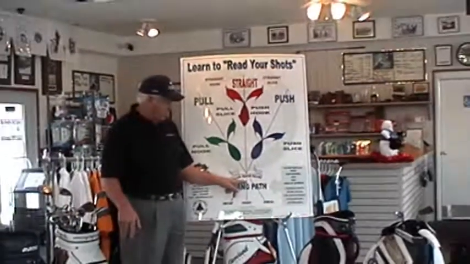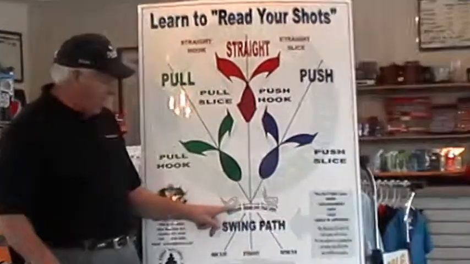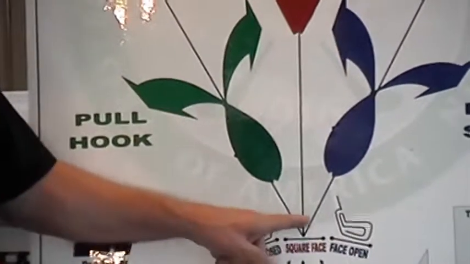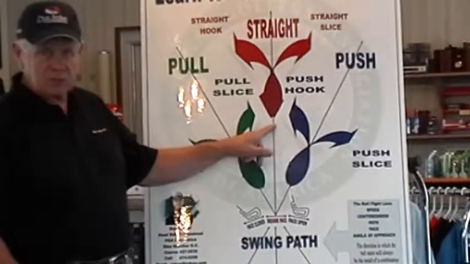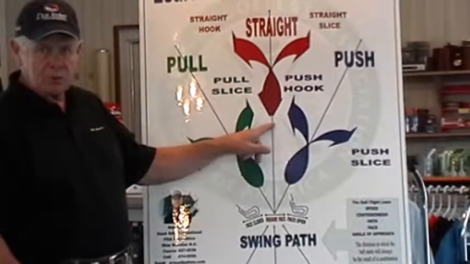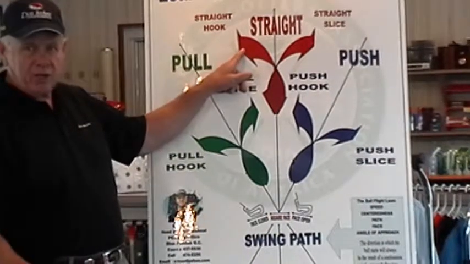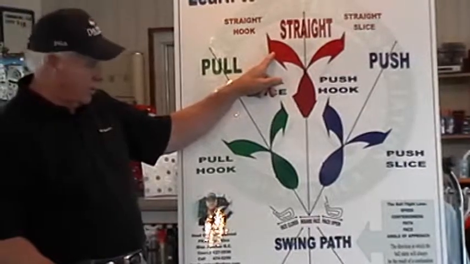If we swing on a straight path and the club face is closed at impact, the ball starts out toward the target, but because the face is closed it puts spin on the ball. The ball will do what we call a straight hook. It will go out toward the target and then turn to the left.